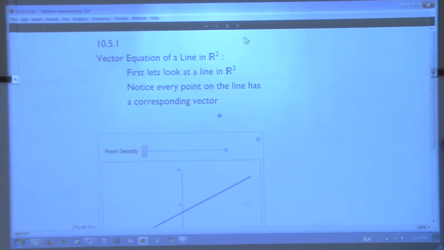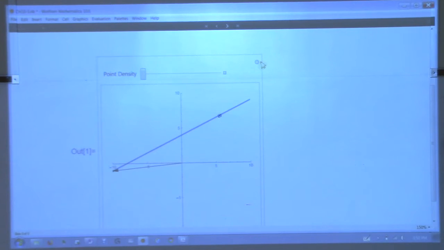So now we talk about the vector equation of a line in two-dimensional space. So we know what a line looks like in two-dimensional space. We can also visualize this line as just a bunch of points, right? And each point that we have on that line corresponds to some vector. So there is a vector that points to every point on that line, right?